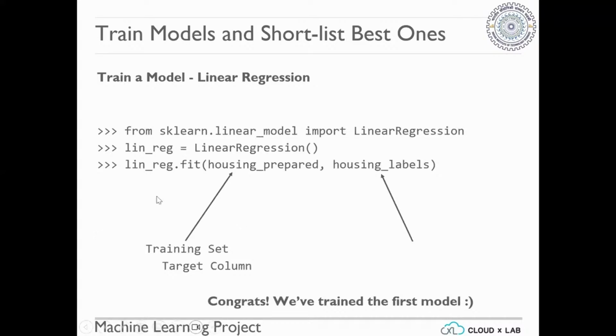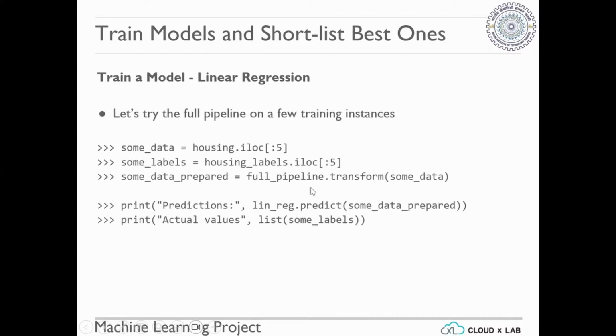Okay, any doubt in this code? So this fit function will fit a linear regression model using this data. And now we will make predictions. To make predictions, we will use the dot predict method.